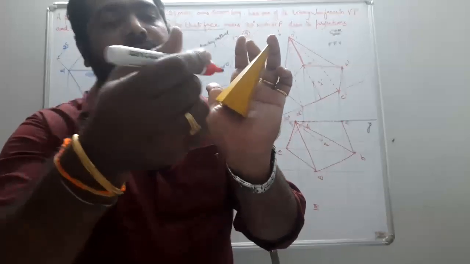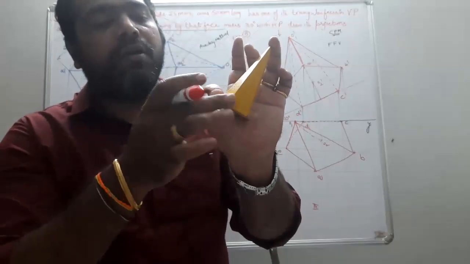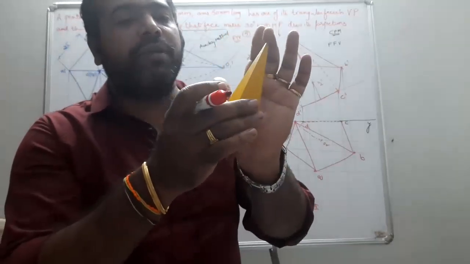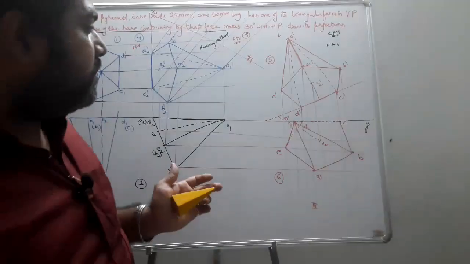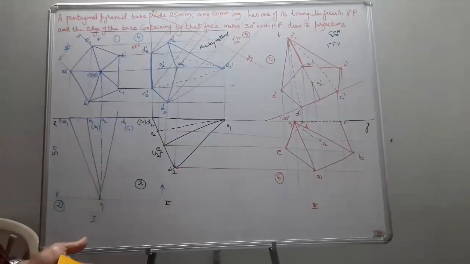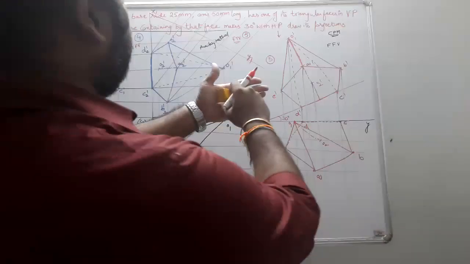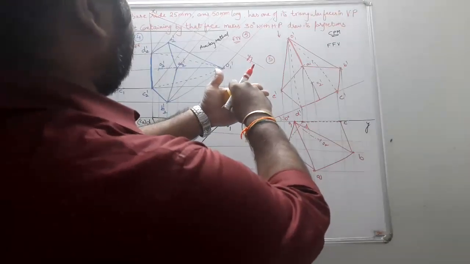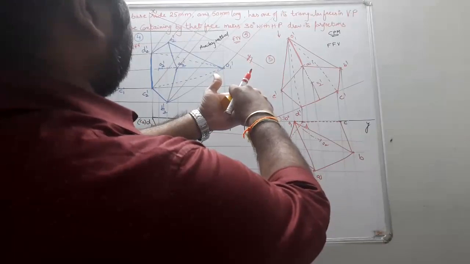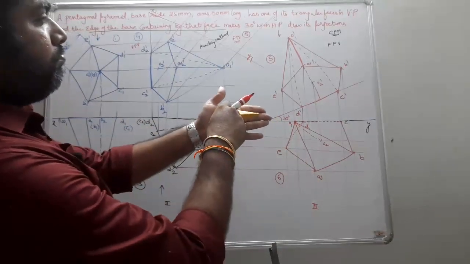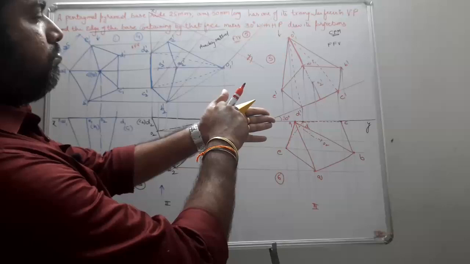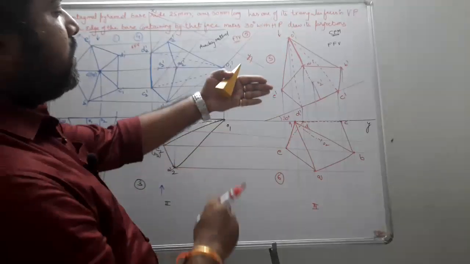So while you are seeing from the front, you are going to see all the corners, or only the edge from the front is going to be seen, so that it is tilted like this.